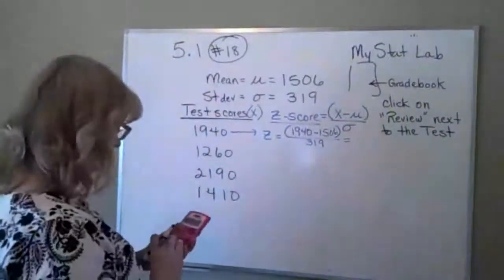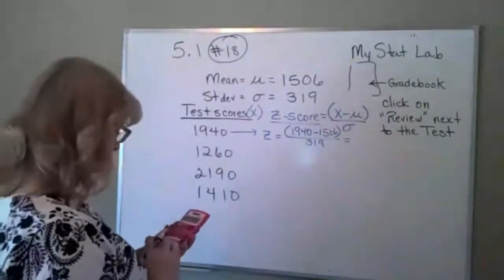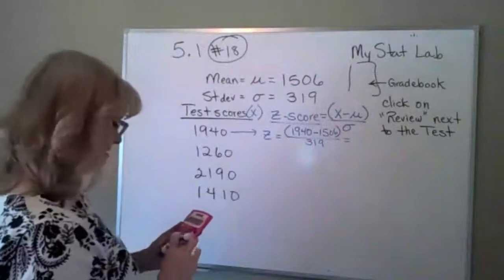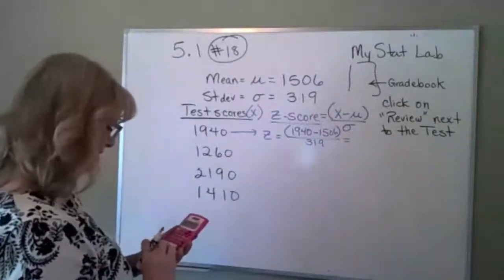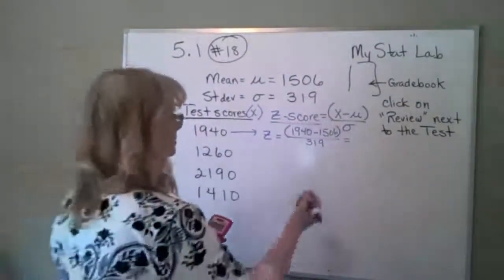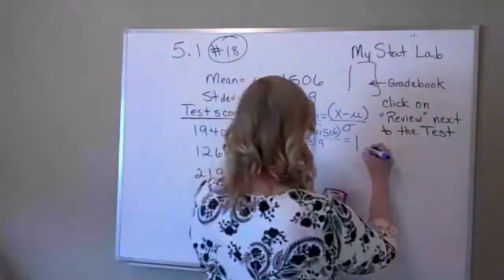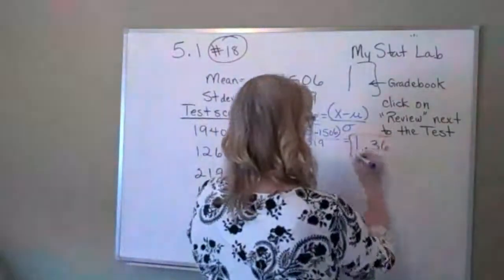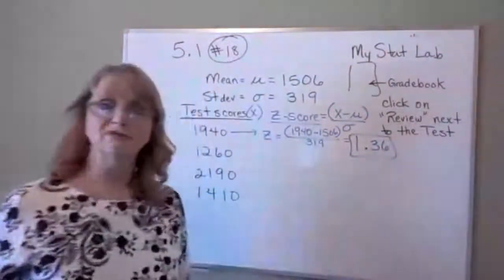So I'm going to put in 1940 minus 1506 divided by 319 equals, and if I round that to two places, it's 1.36. And z-scores, that is our default rounding.